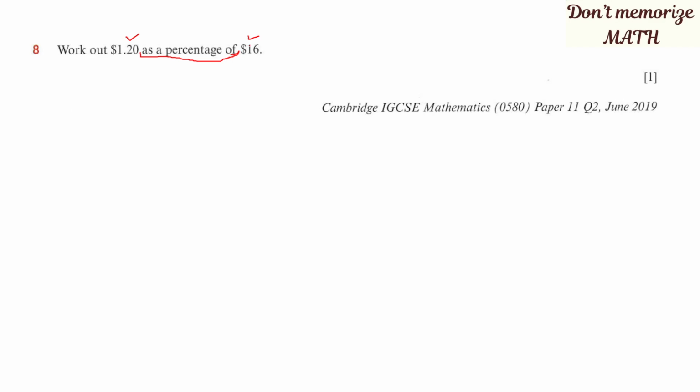So here we have 1.20 divided by 16 times 100. Take your calculator and find out. Use the fraction button. 1.20 divided by 16 times 100. So you will get 15 over 2, that is 7.5 percent.